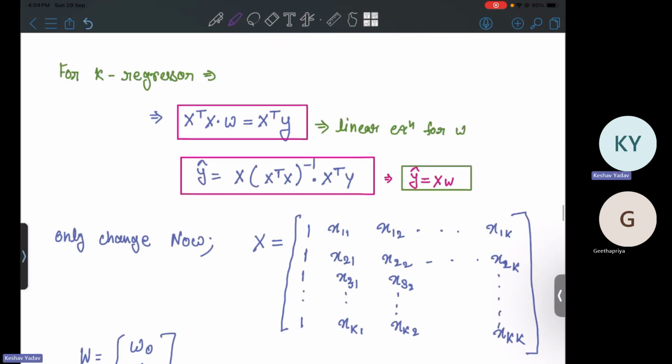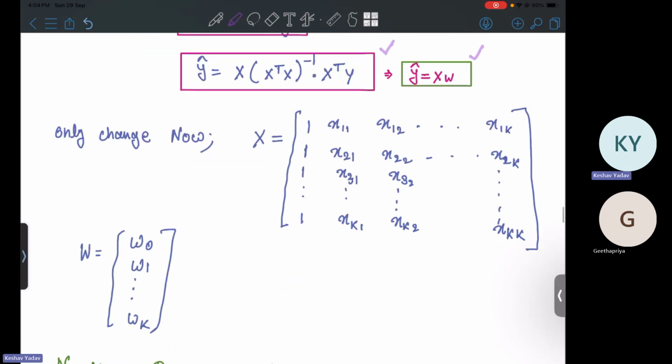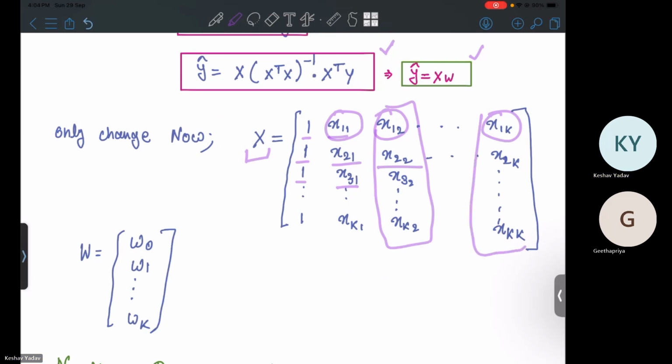If we have k regressors, then the equation will come like that only. The only thing is that here x will have 1, x11, 1, x21, 1, x31, and now we will have k regressors like that: x11, x12, x1k, and here also one more regressor for row 2, the kth regressor.